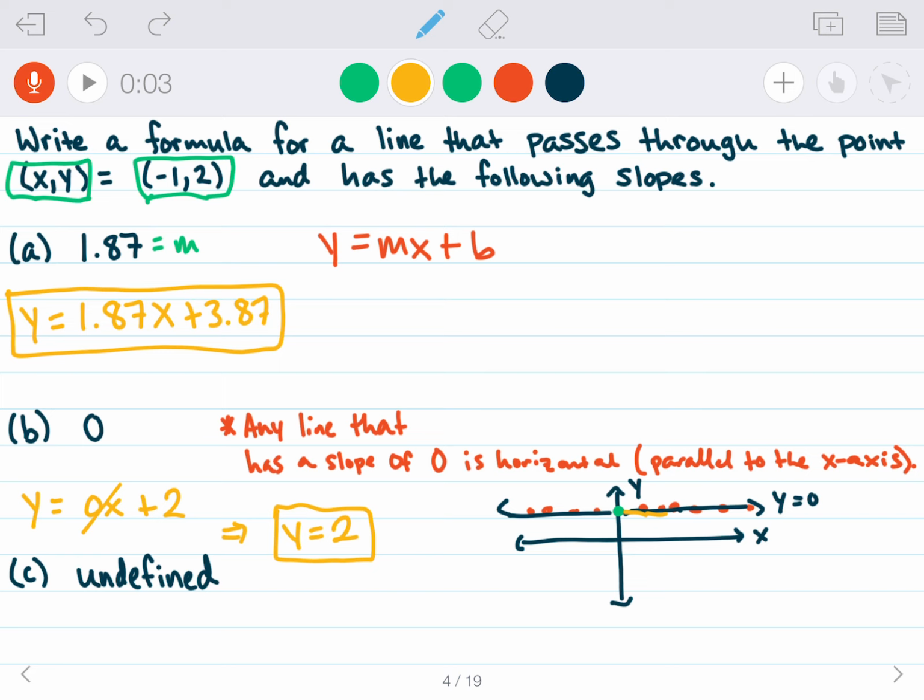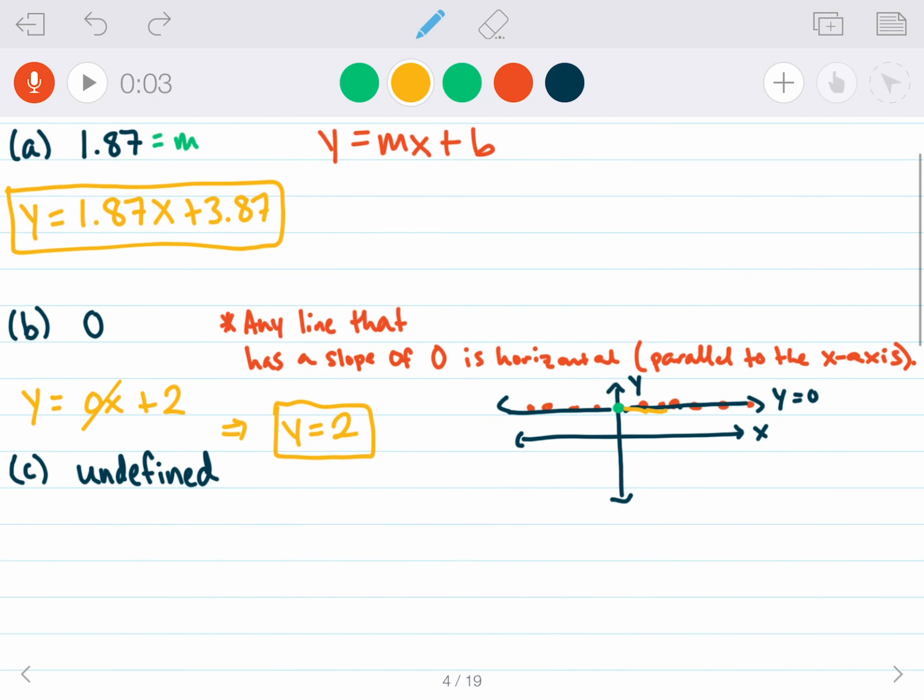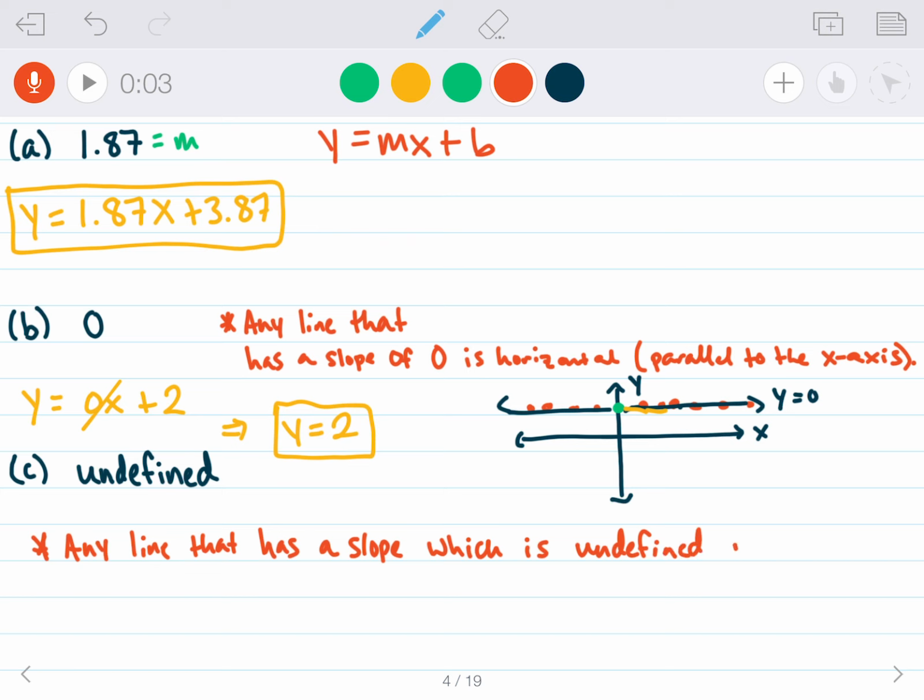Undefined. What does that mean? What does an undefined slope mean? Okay, so let's write this as a little note here. Any line that has a slope which is undefined is vertical.